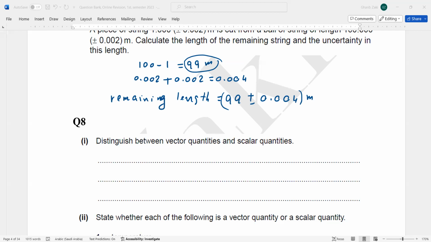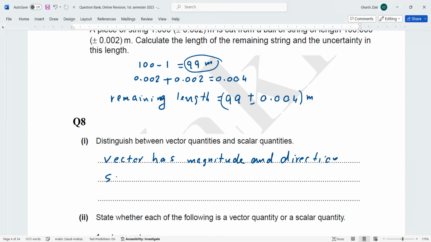So the answer here is that a vector has magnitude and direction, while the scalar has only magnitude.